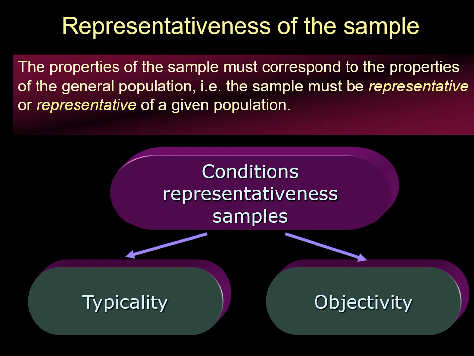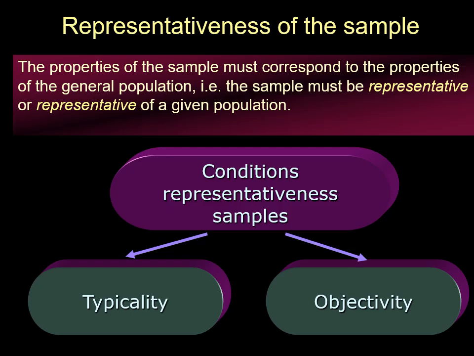Each object from the general population falls into the sample when two conditions are met. The first condition for getting into the sample population is typicality, which I briefly talked about in a previous lecture.